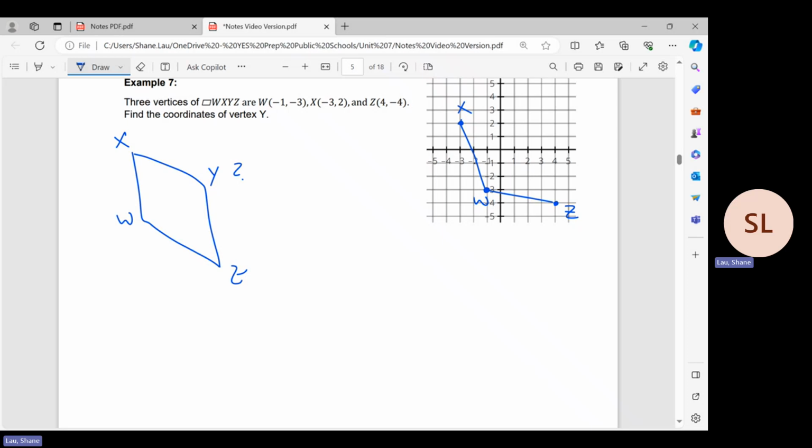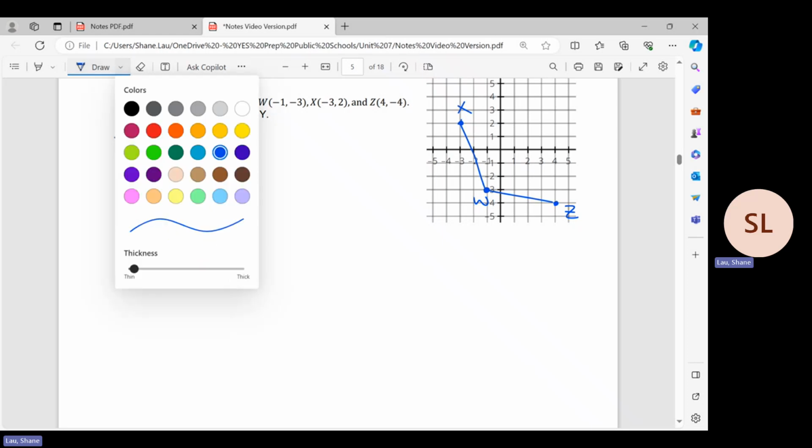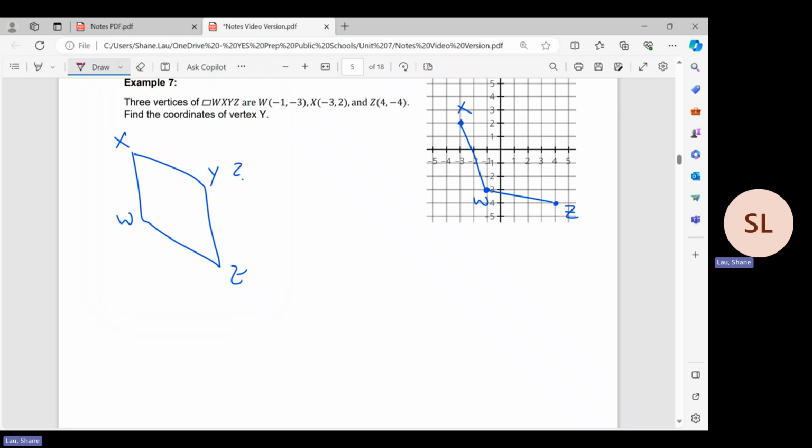Okay. Well, let's look at wx or xw, however you want to say it. Let's find the rise over run of it. So if we took our rise from x to w, we went 1, 2, 3, 4, 5 units down, which means that our rise is actually -5 units because we're going downwards. So this is for xw slope. And then we went 1, 2 over.